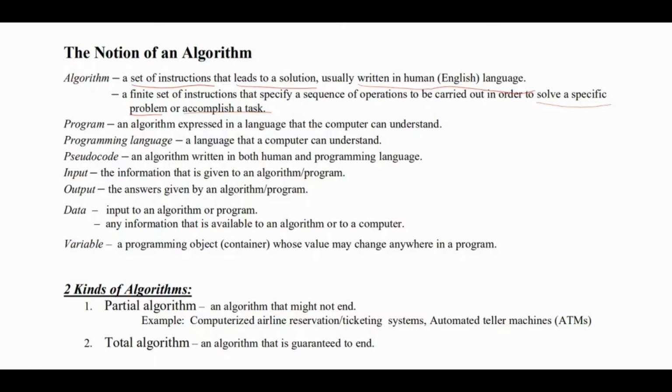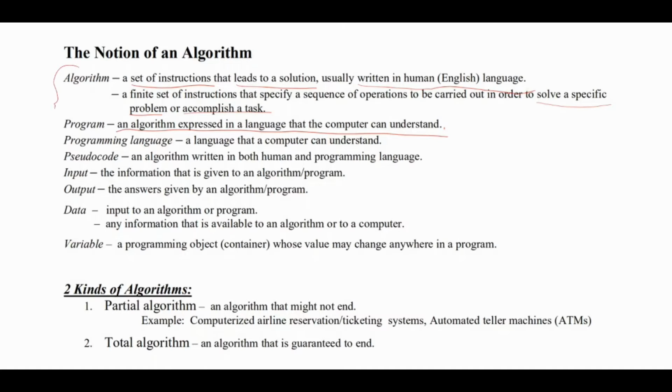After we have tested the algorithm and found that it is working, we rewrite it into a program by using a programming language which the computer can understand. And so, we define a program this time as an algorithm that is expressed in a language that the computer can understand.